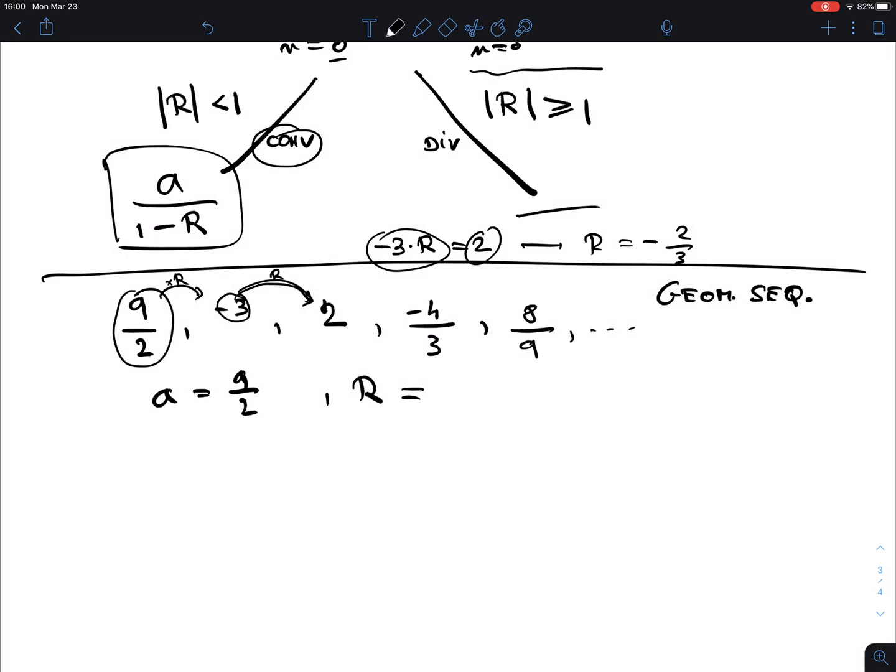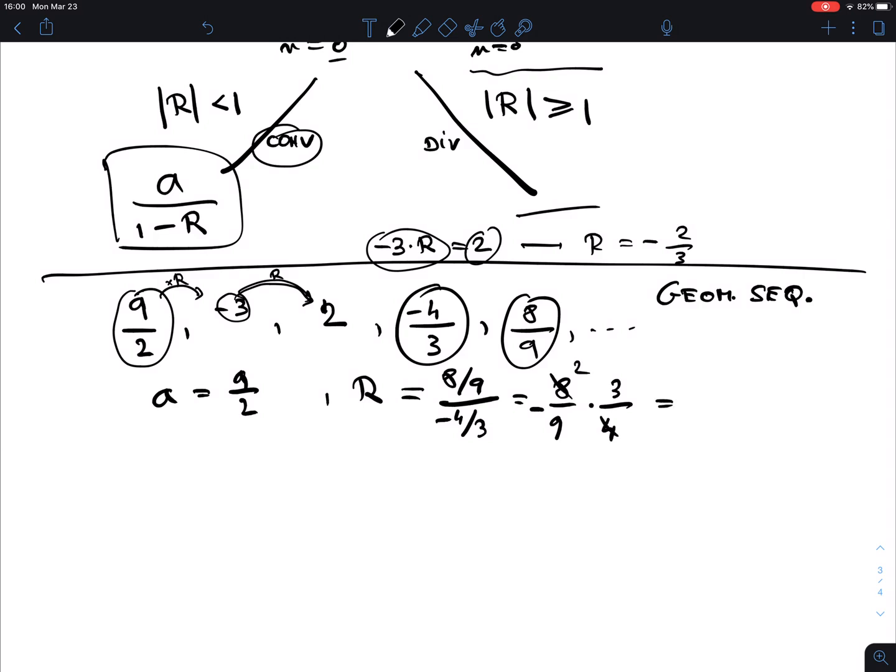You take this number, 8/9, and divide it by the previous one, minus 4/3. That is 8 over 9 times the reciprocal, 3 over 4. There's a minus sign here. And then you have a lot of cancellations. There's a 2 here and the 3 left, so I get minus 2/3. Again, the same r that I was stating. This should always be the same.